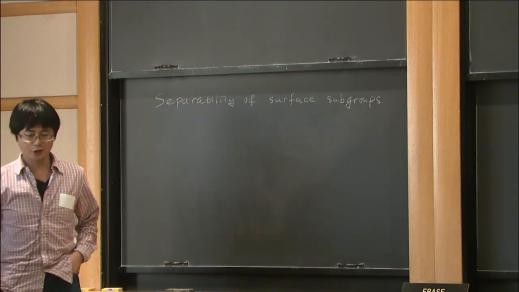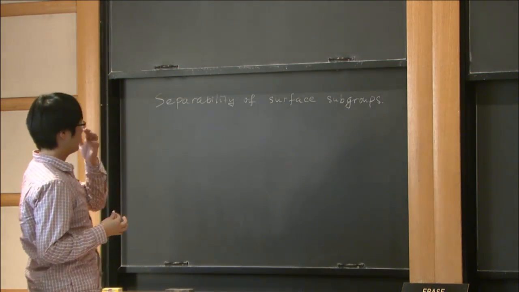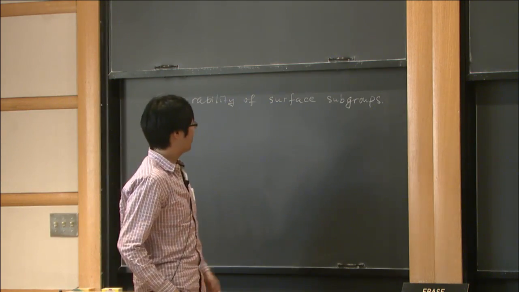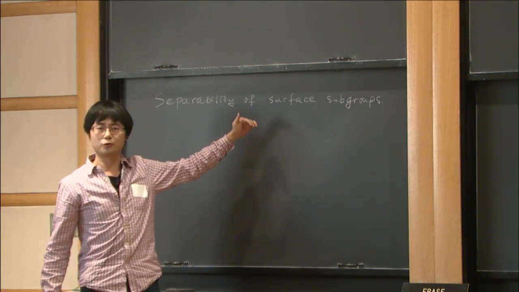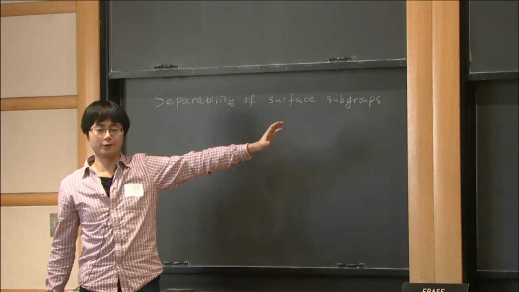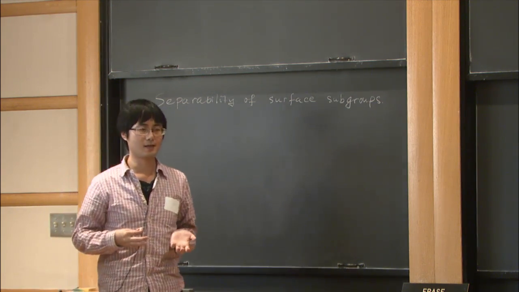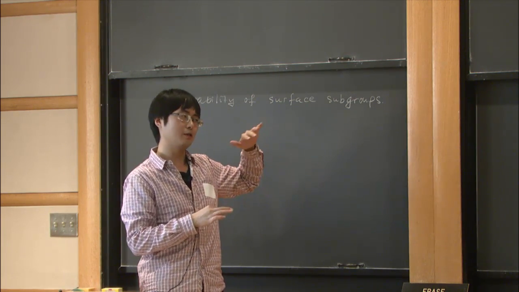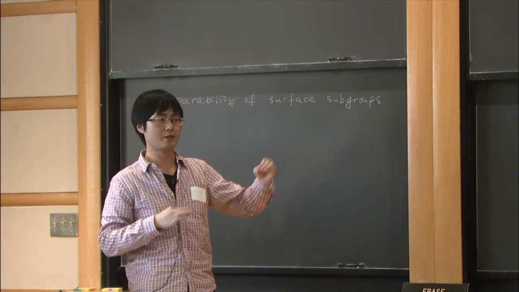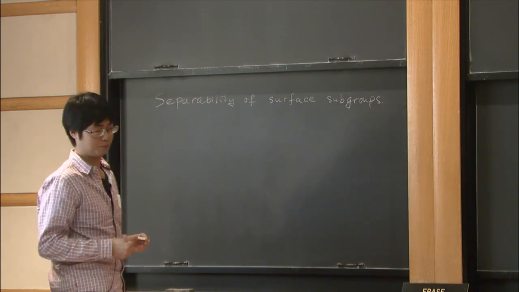And just to put it in group theoretic terms, that means if you're considering a surface subgroup inside some given group, then the separability is really saying that the subgroup that you're considering is closed under the profinite topology.